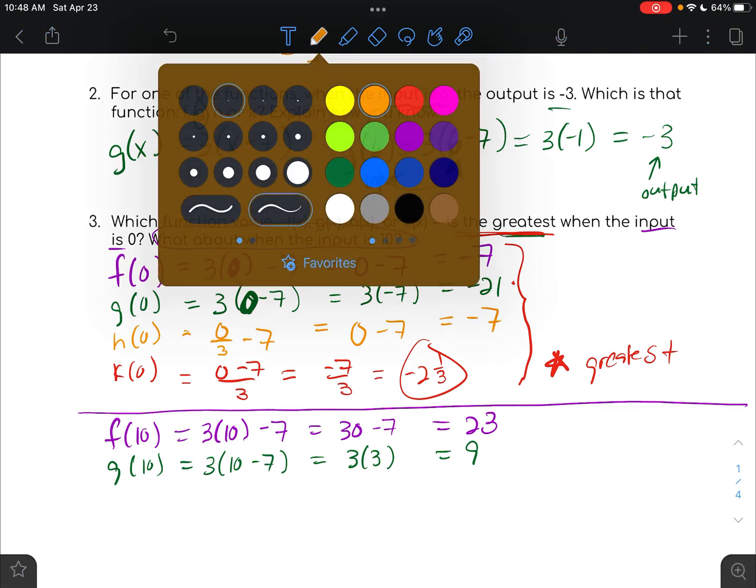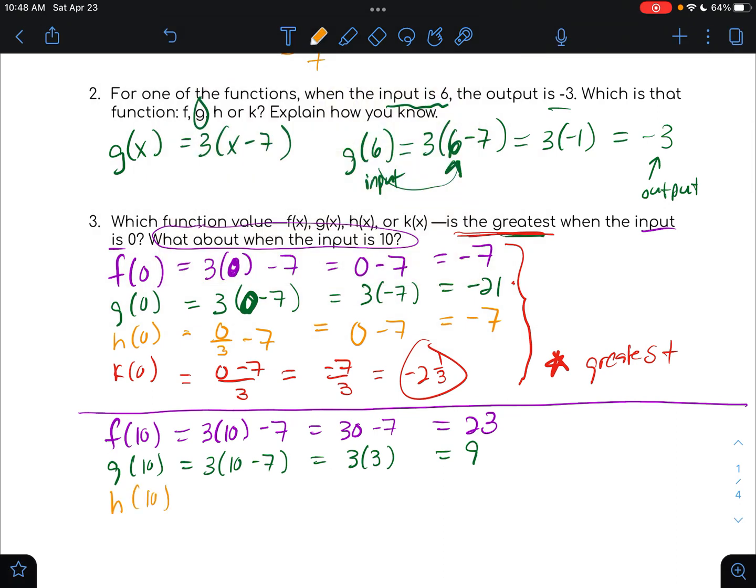All right. h of 10. That would be 10 divided by 3. We're just putting 10 in for the input, like where we put 0 in above here. So 10 divided by 3 minus 7. That would be like what we had before, 3 1/3 minus 7.